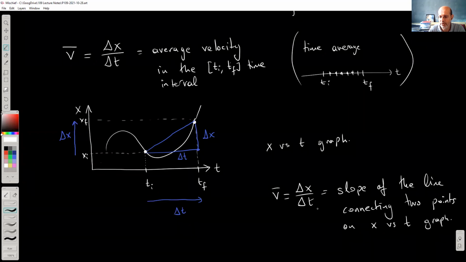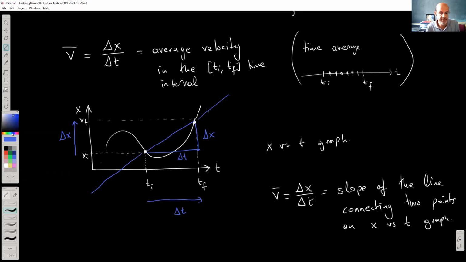Let me just stress this fact. That's basically the mathematics here. This graph is not the physical picture. We're just plotting the position as a function of time. So we are giving a meaning to the average velocity on that graph. On that graph, therefore, the average velocity appears as the slope of that line.